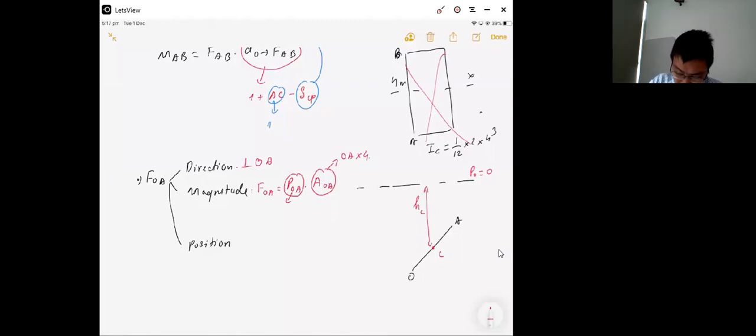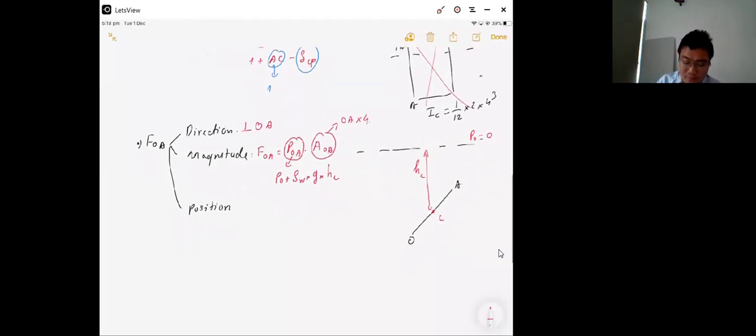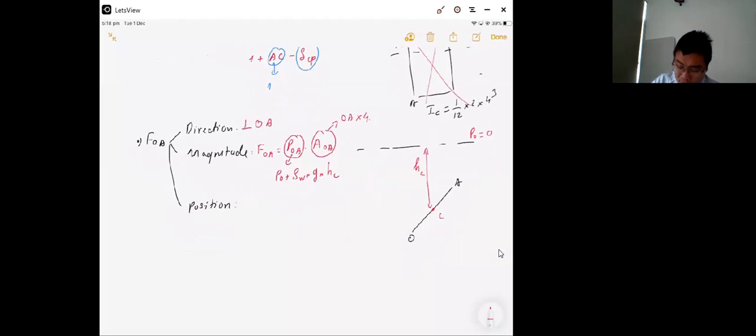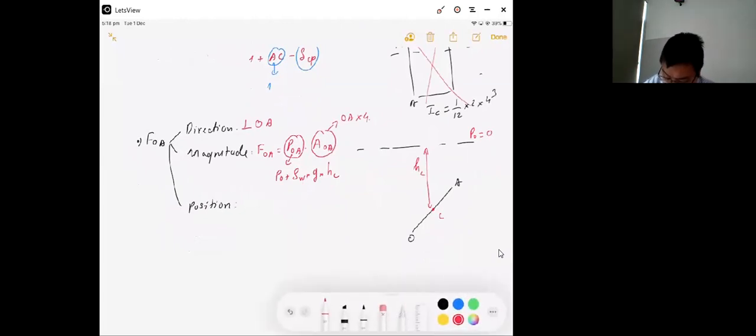So pressure will be equal to PO plus rho g Z SC, with SC in vertical. So force is easy. The position: the force will apply at CP, below C. Okay, and force here FOA.